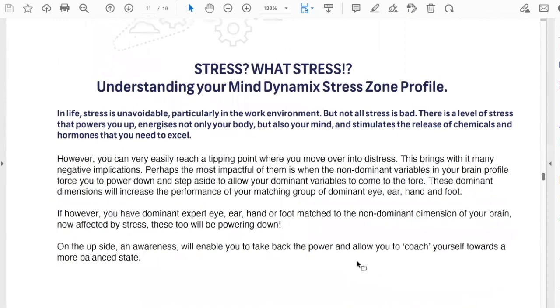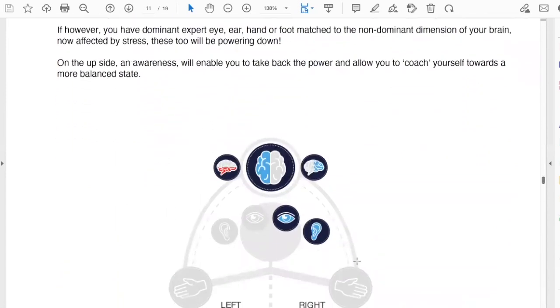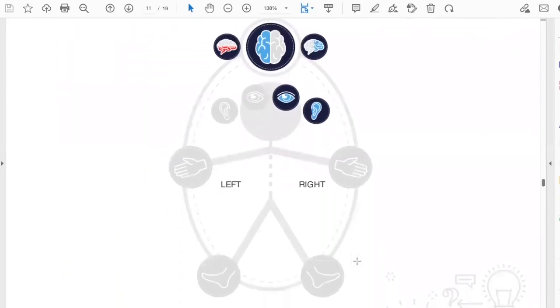We can then show them the entire model, because what we're trying to explain here is the concept that all of your experts that are not aligned to the dominant hemisphere of your brain, because remember, the brain is in this protective cranium, even under extreme stress, the combination, the modeling of your brain dominance does not change.